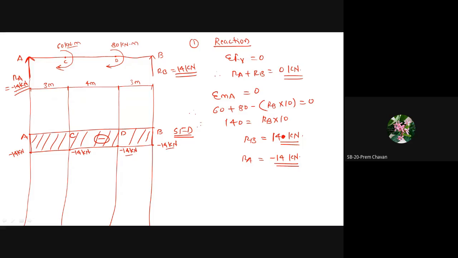The effect of couple will not be considered in the shear force calculation, but their effect we have to consider in the BM calculation, whether it is the summation of MA or the bending moment calculation at each point. But while taking the effect of couple in the BM calculation, don't multiply by the distance. Now BM calculation. In this particular figure you will not get any point of contra flexure, so need not require to go for the X distance calculation.